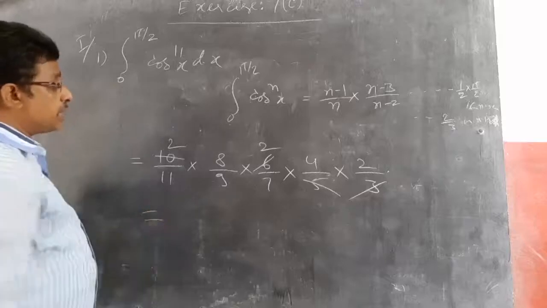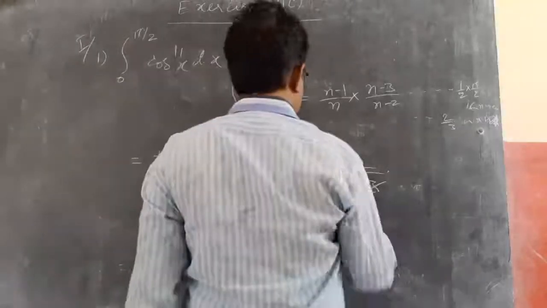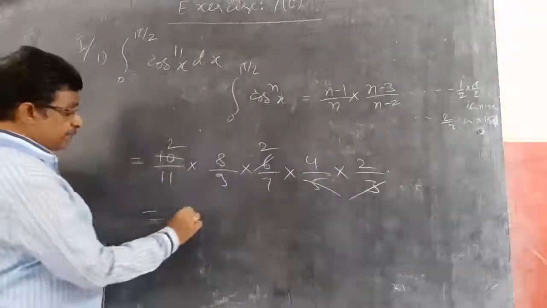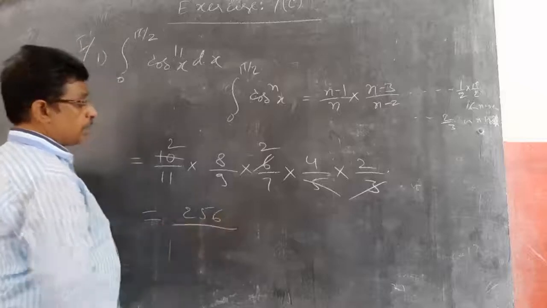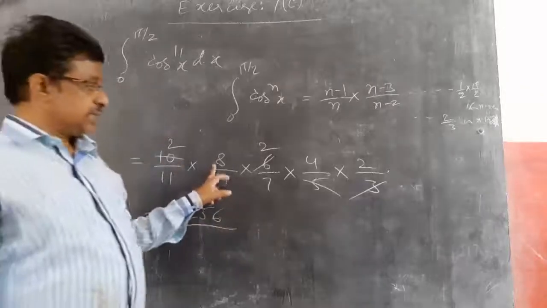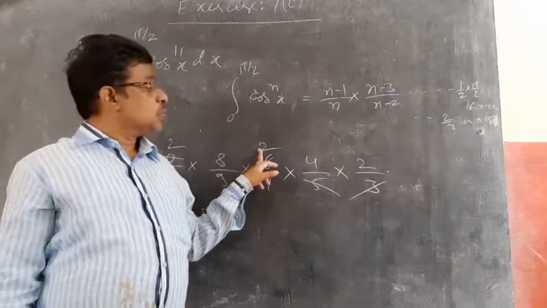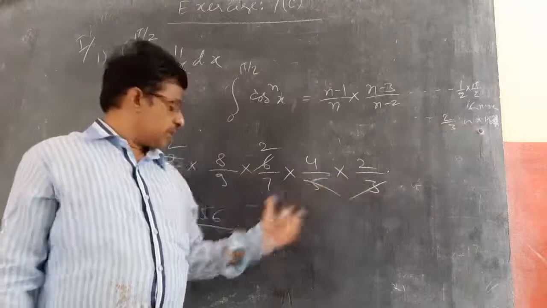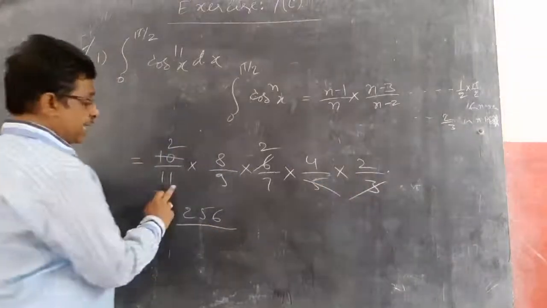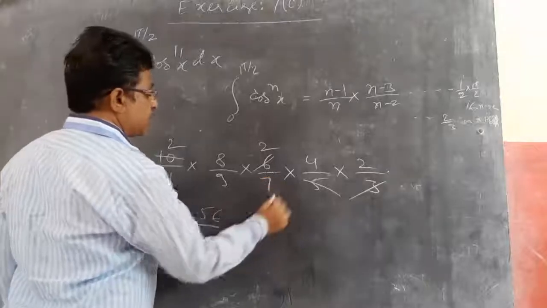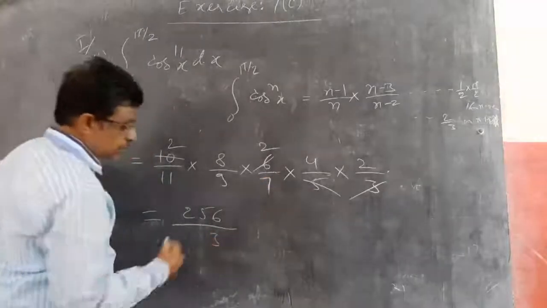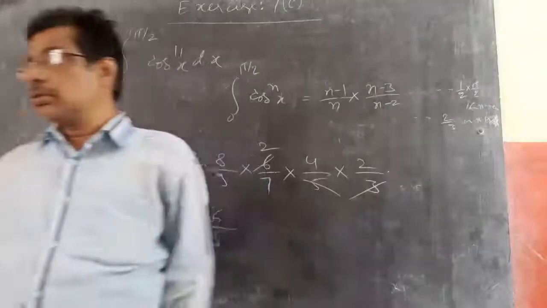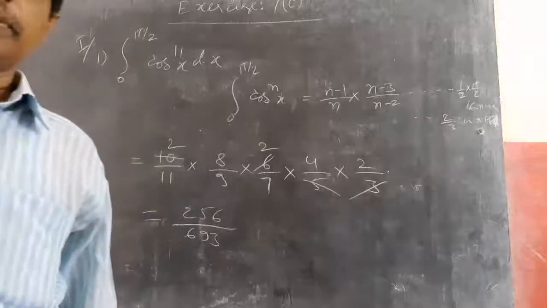Further, now all the multiples of 2, just multiply: 1, 2, 3, 5 plus 3 is 8. 8 means 256, by 11 into 9 into 7 multiplied, which is 693. So this is how you can solve.